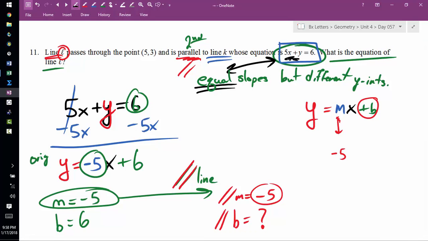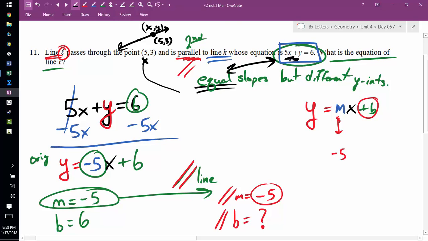Not only do I know my m value, I know my x value, because my line has to go through this point 5, 3. That x and that y have to belong to my line, has to belong to this equation. So wherever I see an x, I'm allowed to put 5.